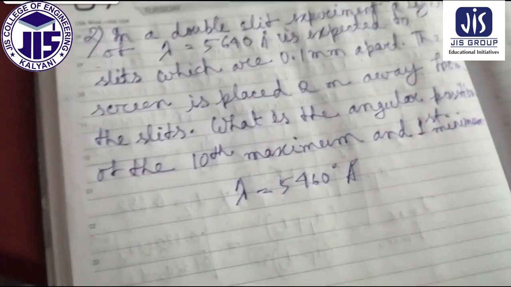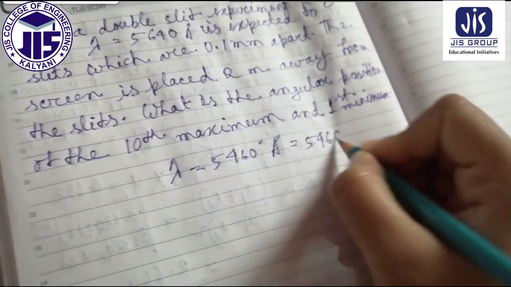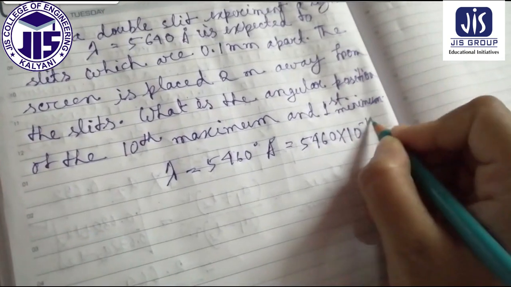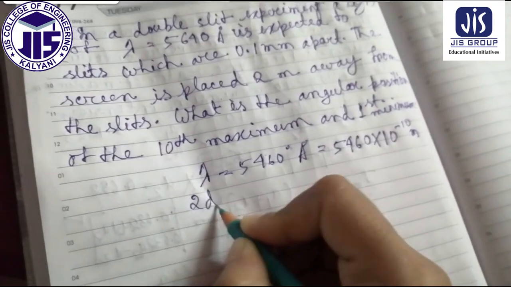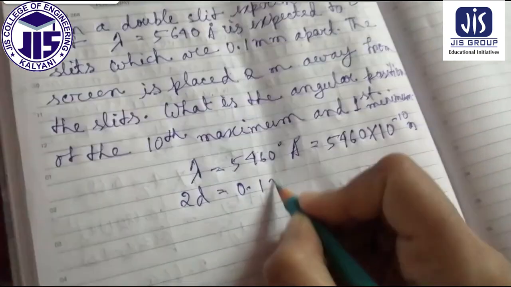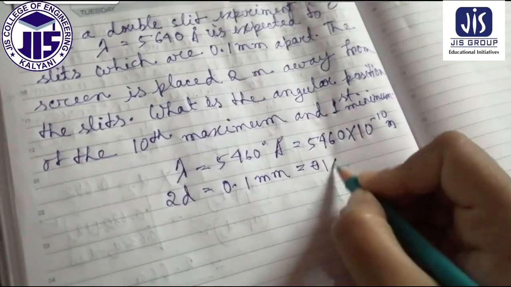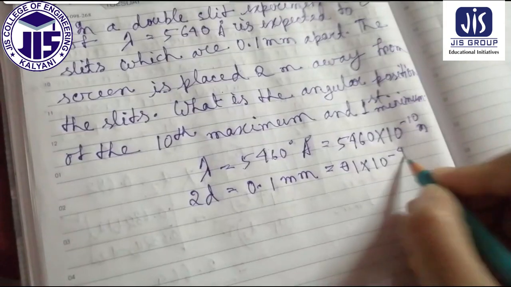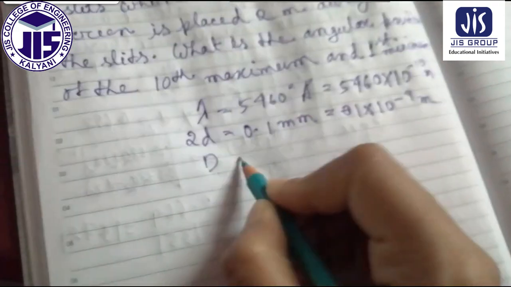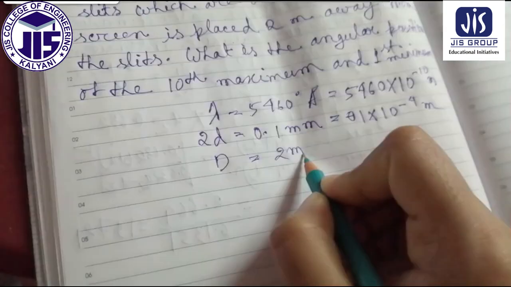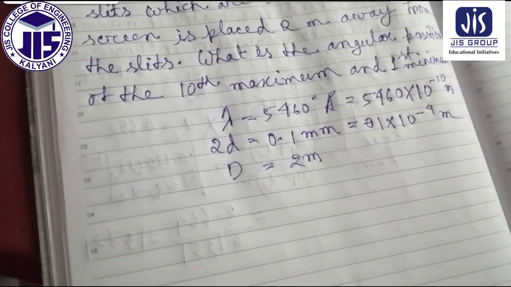Now as we know that 1 angstrom equals 10 to the power minus 10 meter, so 5460 into 10 to the power minus 10 meter. 2d equal to 0.1 millimeter, that means 1 into 10 to the power minus 4 meter. Now the screen distance D equal to 2 meter. Therefore, we have to find the angular position.